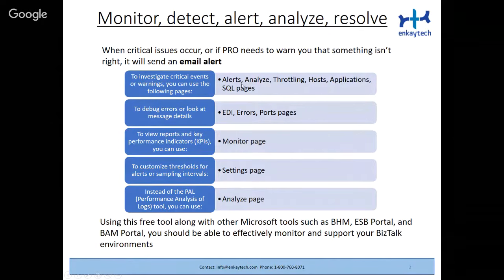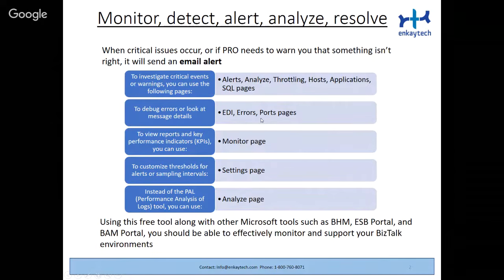But you have things like an alerts page, you have analyze page, throttling, hosts, applications, and SQL pages. All of these pages allow you to investigate critical issues or warnings that are in your email alert. And if you want to look at message details, look at message schema and what time messages were sent, whether we received a response.